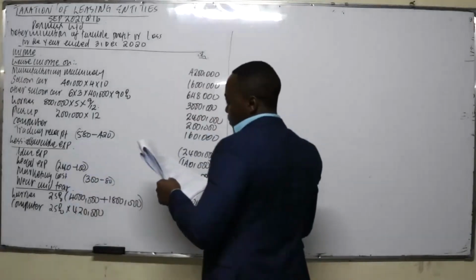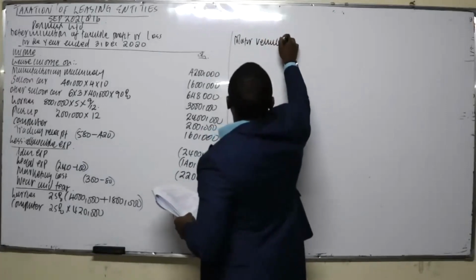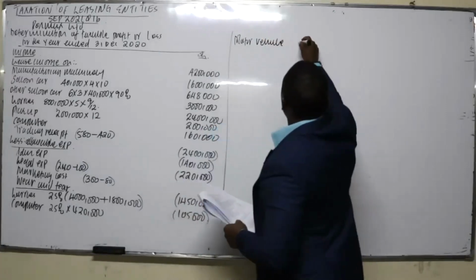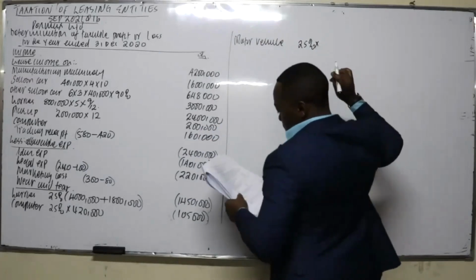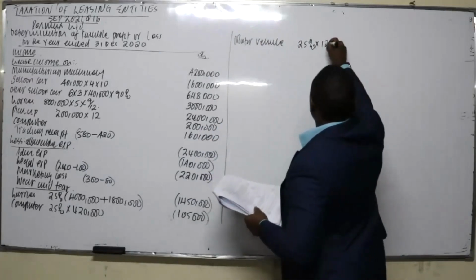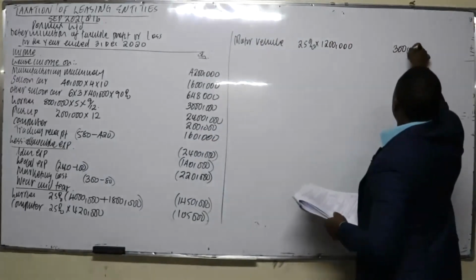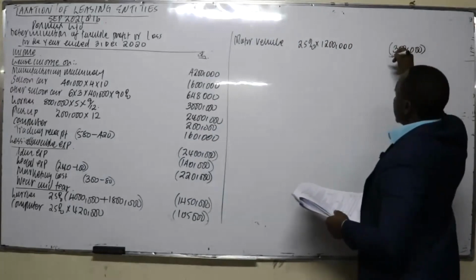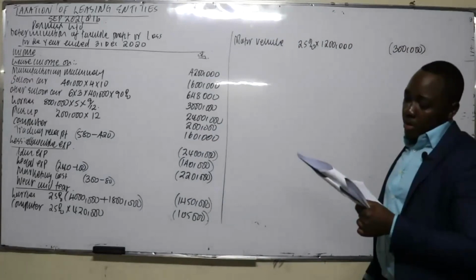Then there is motor vehicle. You take 25% of how much? 1.2, yeah, 600 to get 300. Was there any purchase of motor vehicle?